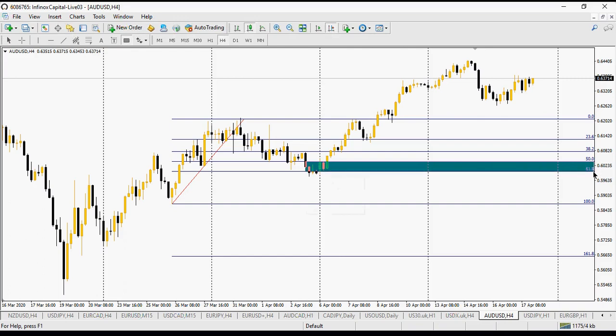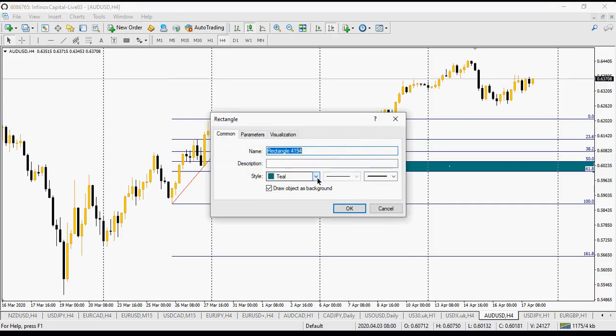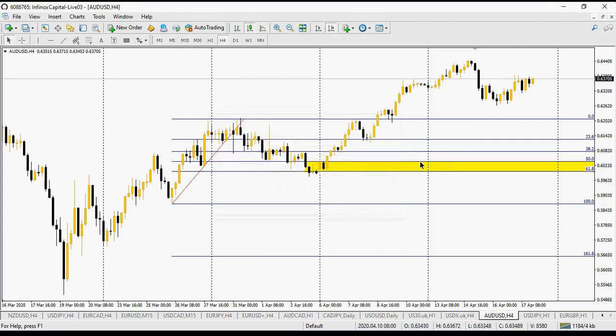Some of you who used to see my charts would know I used to paint my golden zone and wait for price to retrace back into it.